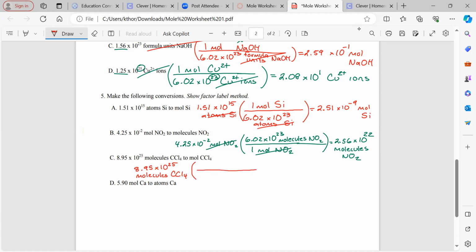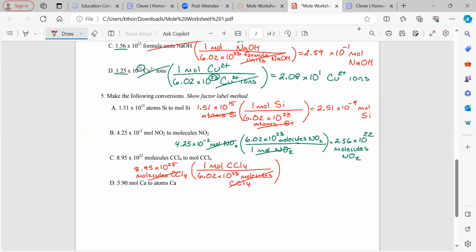You need to put Avogadro's number on the bottom. One mole goes on top. Molecules of carbon tetrachloride cancel out.